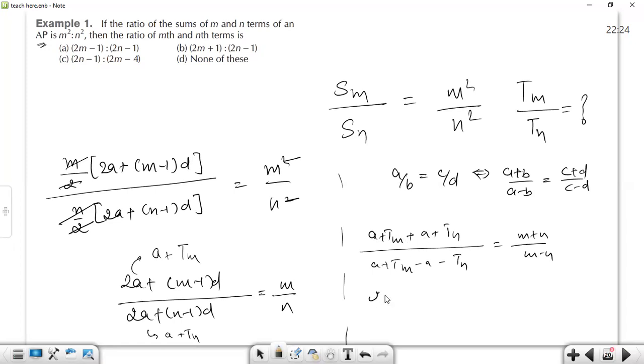This becomes (2a + mth term + nth term) divided by (mth term - nth term) equals (m + n) divided by (m - n). Okay, now let's solve further. Now we are actually missing something. If the ratio of the sum of m and n terms is this, then what is the ratio of the mth and nth term?